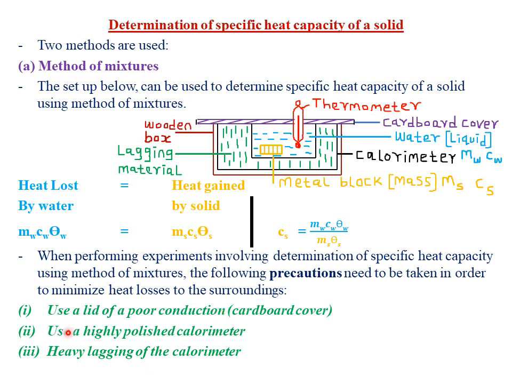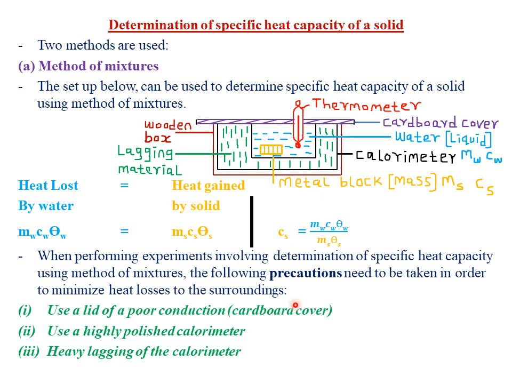The other precaution is to use a highly polished calorimeter. Remember, polished materials are usually shiny materials. The purpose of using a highly polished calorimeter is simply to prevent heat loss through radiation.